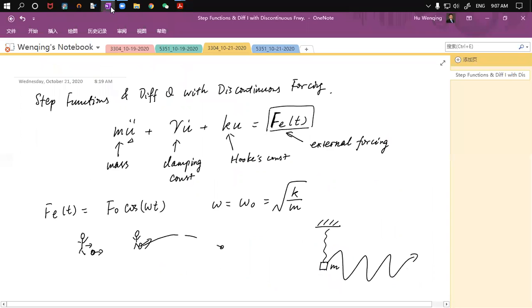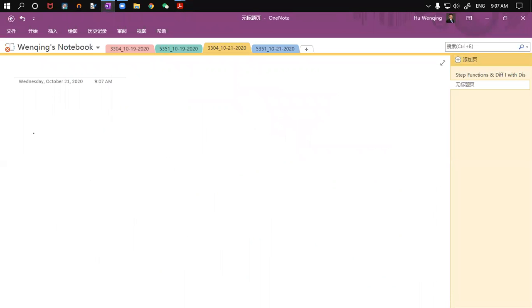Okay, so for example, a very naive way of thinking tells you that this discontinuous function can be modeled as follows. Let's say this is f of t, the external forcing, and this is time. Before time c, the external forcing is 0. At time c, the external forcing becomes f and on.